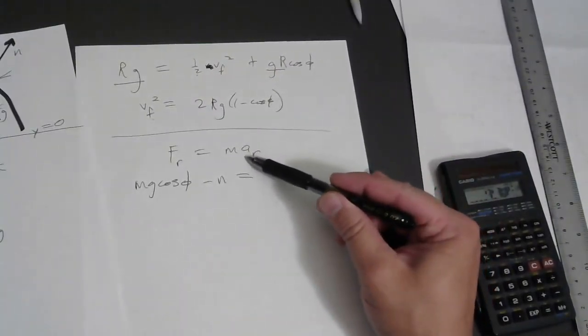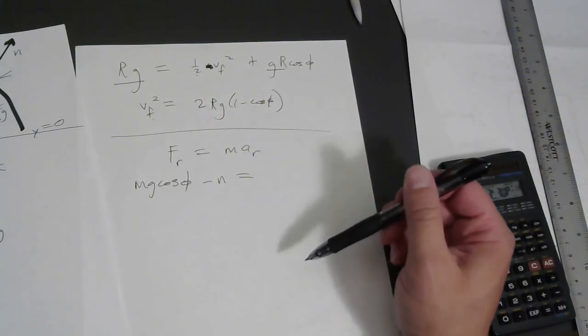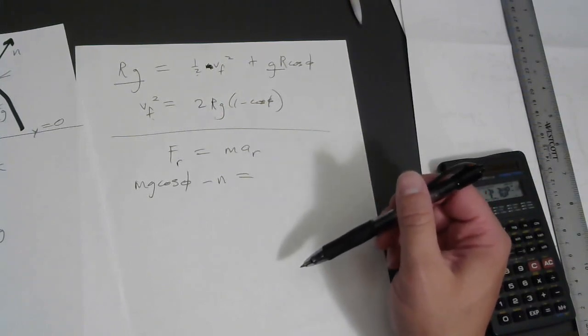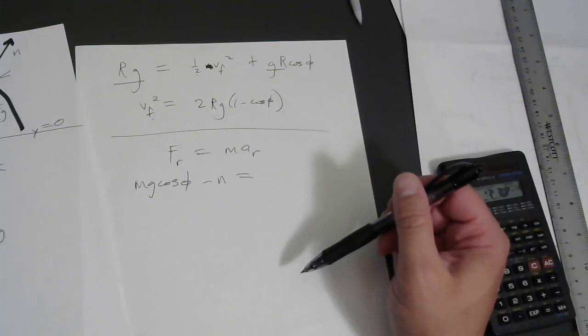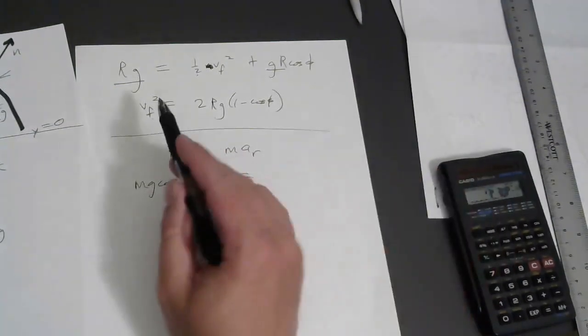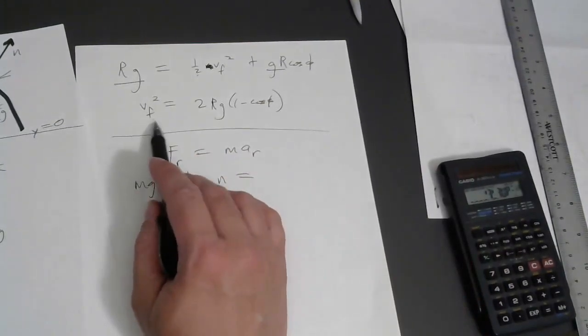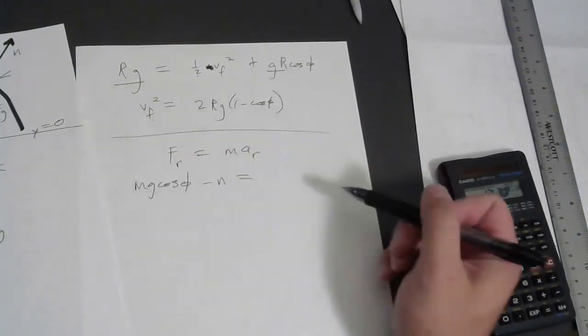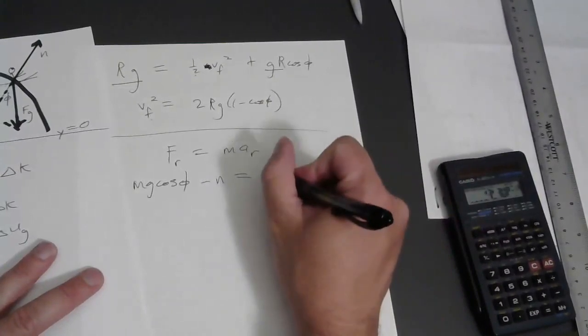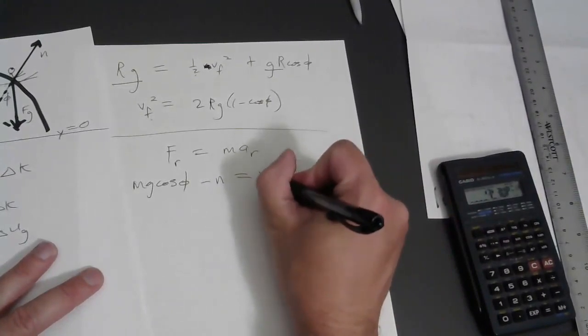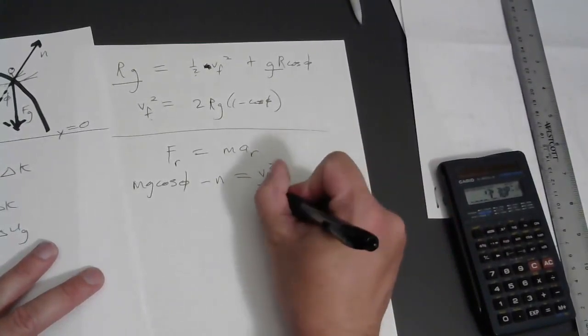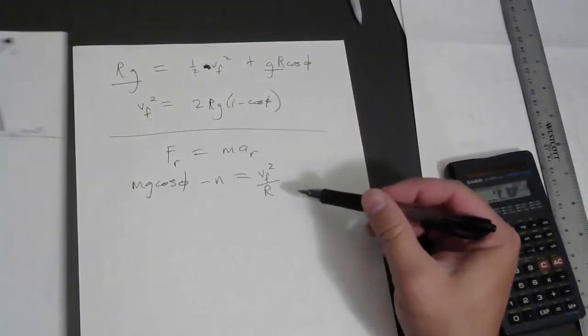Remember, there were 3 equivalent formulas for centripetal acceleration. There's v squared over r, there's r omega squared, and there's 4 pi squared r over T squared. Right now, thus far, we've dealt with the velocity. So I think that the best thing to do would be to use the v squared over r. And I will go ahead and write v final squared over r, the radius that they're actually moving in.